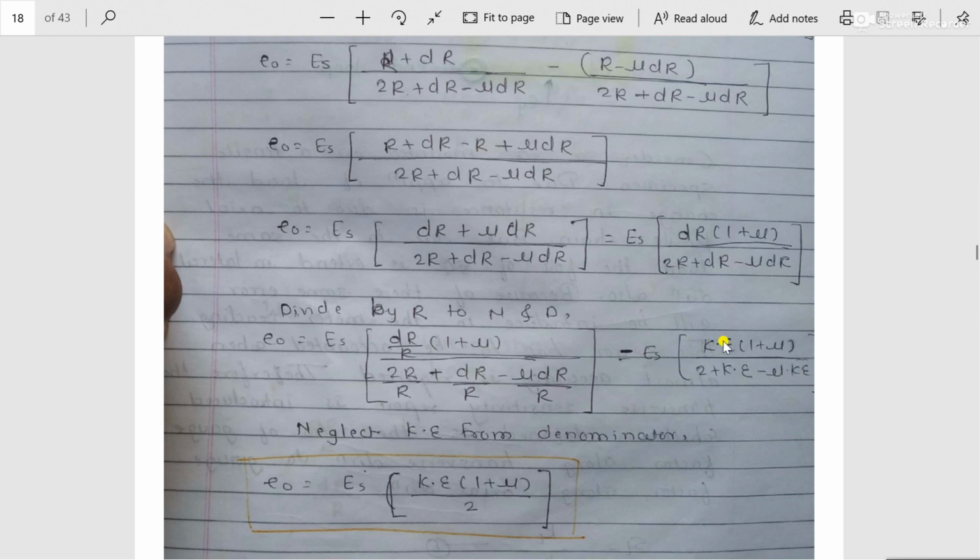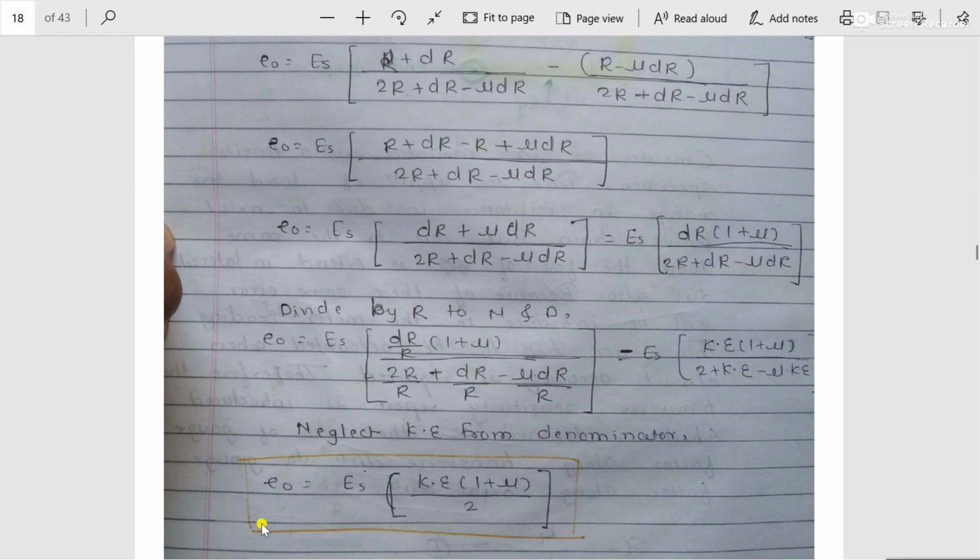Again delta R upon R is equal to k into epsilon. So at the numerator as well as at the denominator k into epsilon terms are present, but as we know, the k into epsilon terms present at the denominator we have to neglect, and I write the final equation by neglecting all the k into epsilon terms from the denominator. The final equation becomes E0 is equal to Es in bracket k into epsilon in bracket 1 plus mu divided by 2.